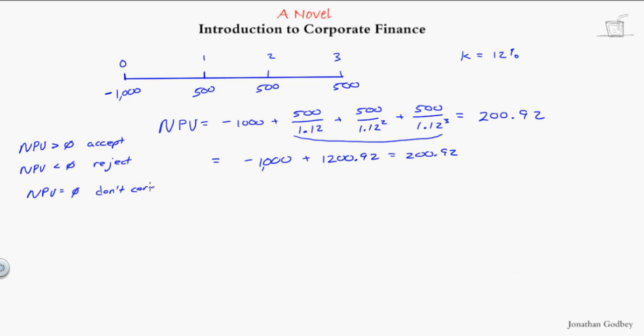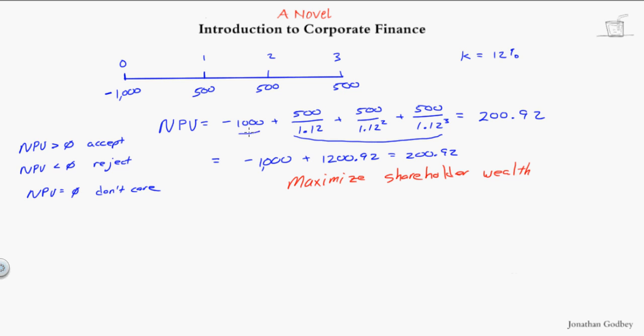Now it's important to understand what's going on behind this. What is the goal of the firm? The goal of the firm is to maximize shareholder wealth, right? Well, I'm trying to do that in this investment decision. I'm trying to maximize shareholder wealth.